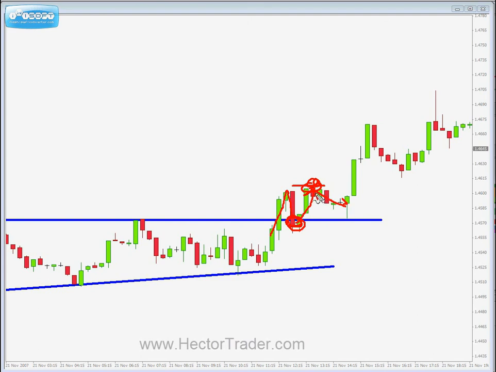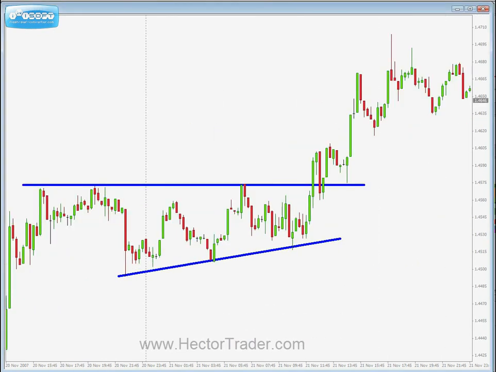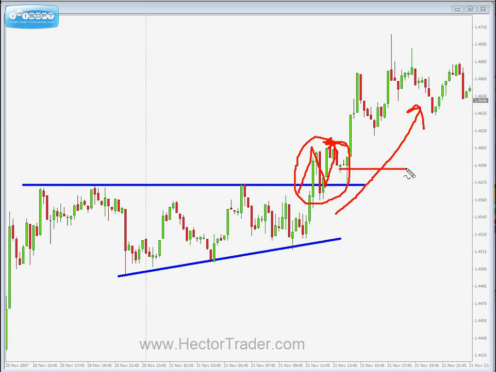Even if you go through a small drawdown, or let's say a pullback, a retracement against your trade, the overall market sentiment, and in this case remember we were in an uptrend, the fact that we broke out in the direction of the main market sentiment, and the fact that we also confirmed the breakout with a breakout pullback continuation pattern, will eventually muscle price in our direction most of the time, and we'll be able to score a profit on this long entry.